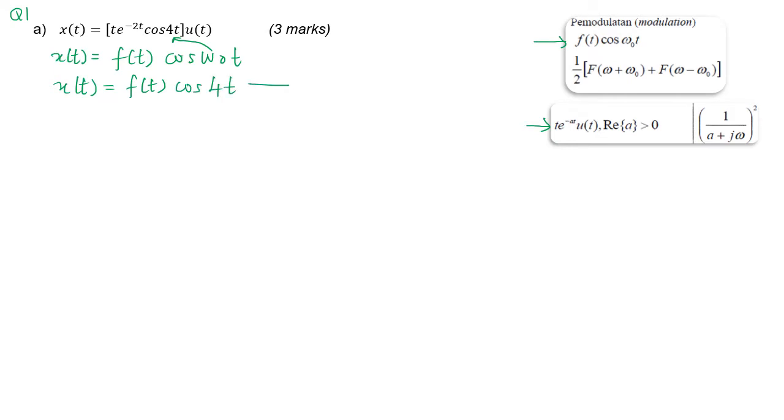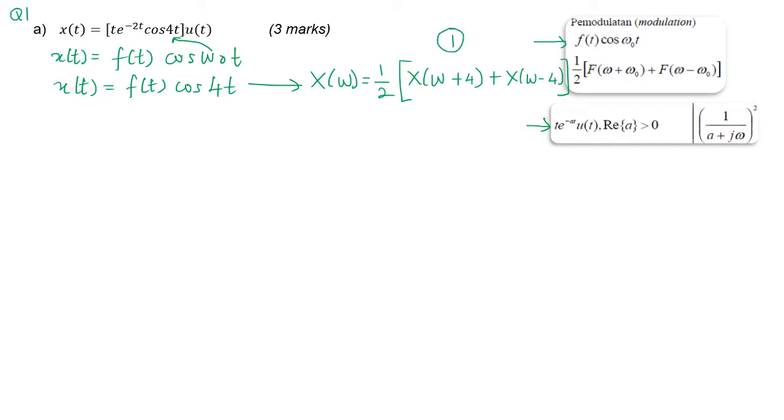So in which they will produce X(omega) equal to 1 over 2, F(omega plus 4) plus F(omega minus 4). Okay, so this is the first equation.